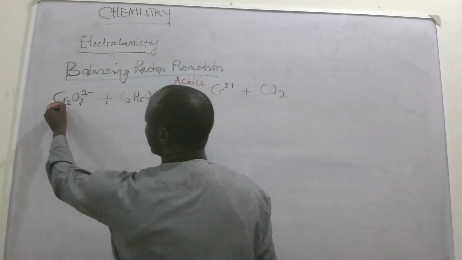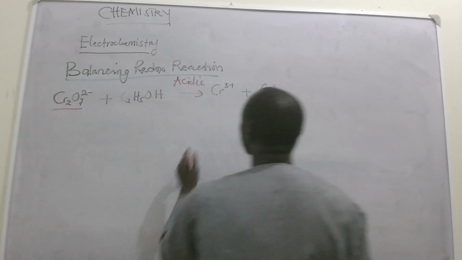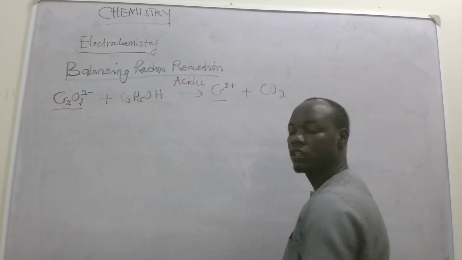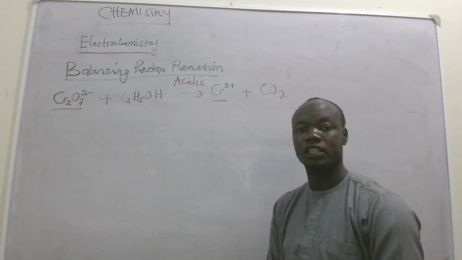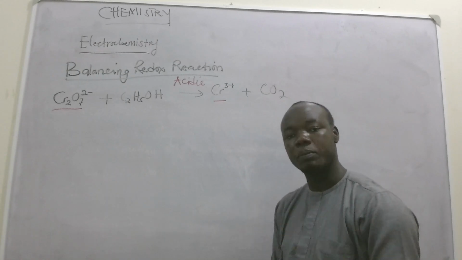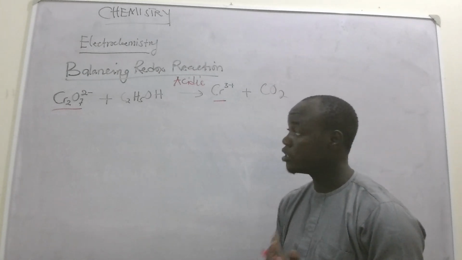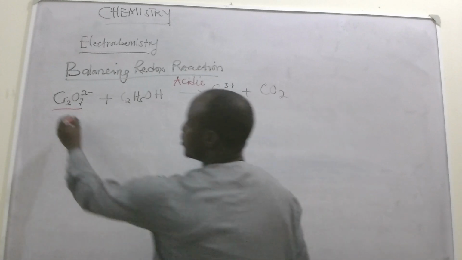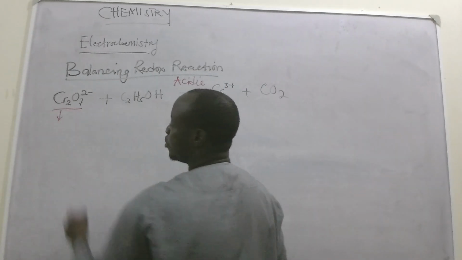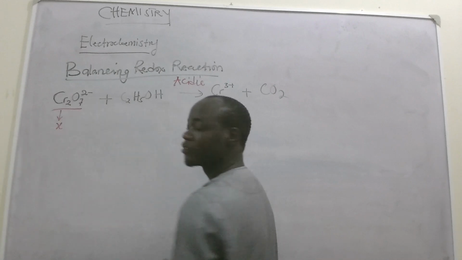So now we have to know the oxidation number of chromium here and the oxidation number of chromium here, and that will give us the idea of how we are going to divide the half equations. So this is chromium. Let's assume the oxidation number of chromium here is x.